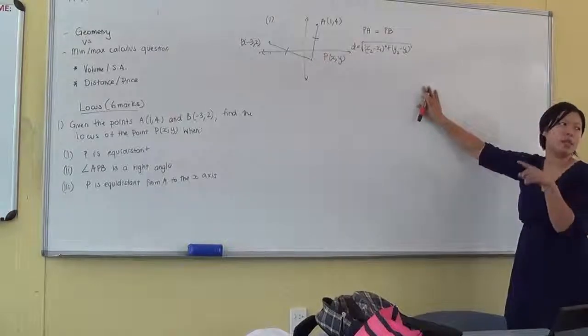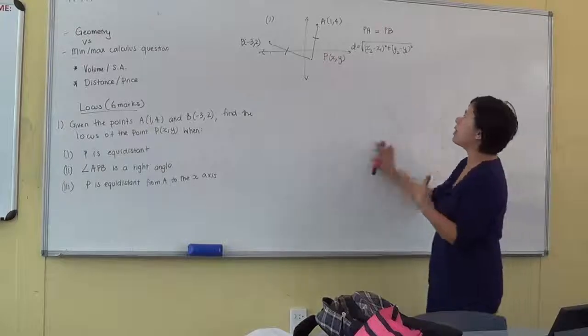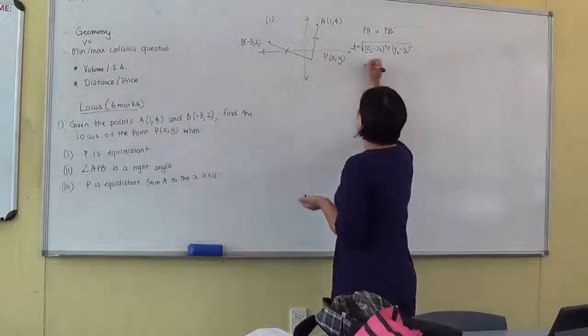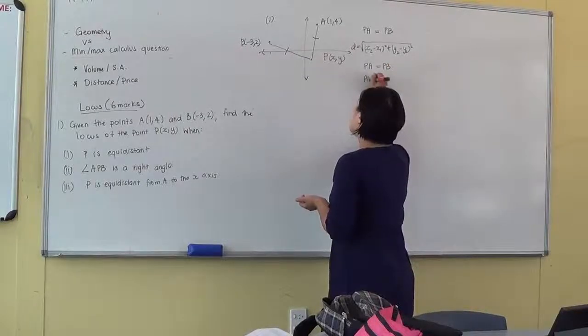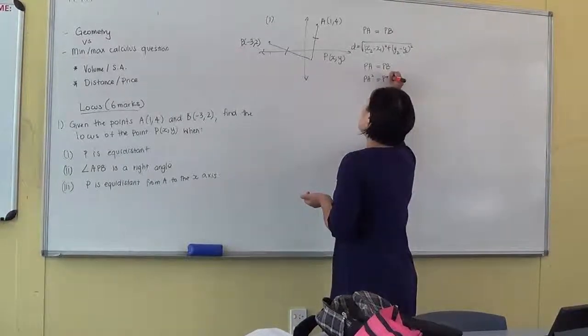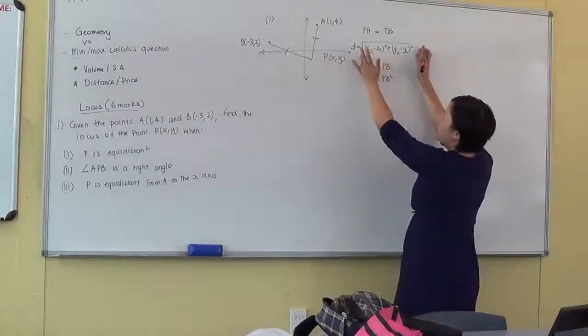Except because there's a square root, what did I tell you to do to make it easier? Yeah, to square the distance. So instead of PA equals PB, it would be better if we do PA squared equals PB squared. That eliminates the square root, and we just have to analyse what's inside.